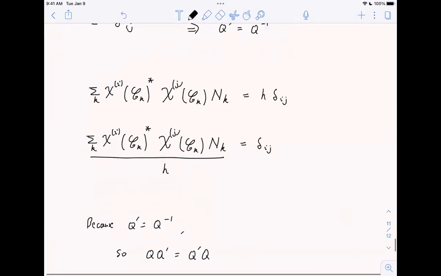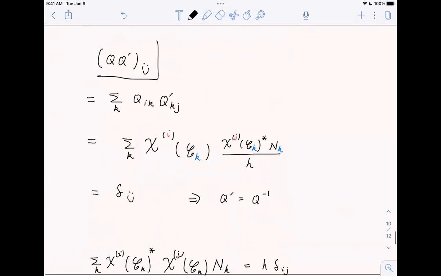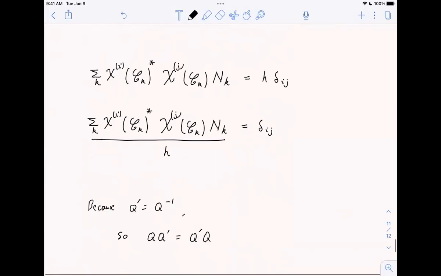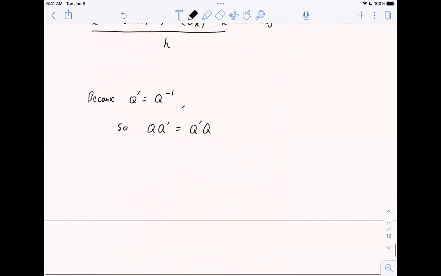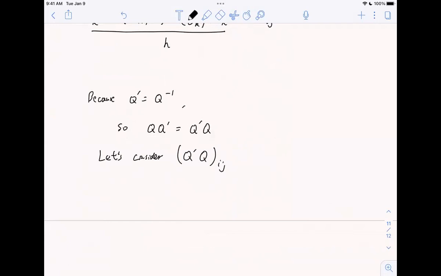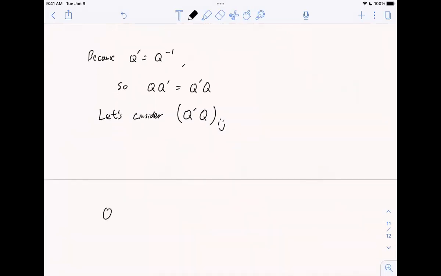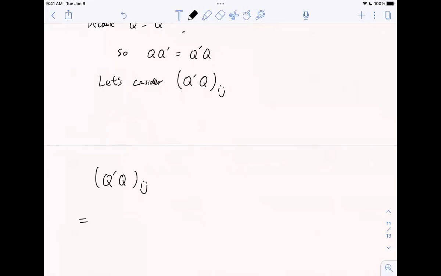Okay, so we have already learned about this matrix element. So let's consider this matrix element, Ij.